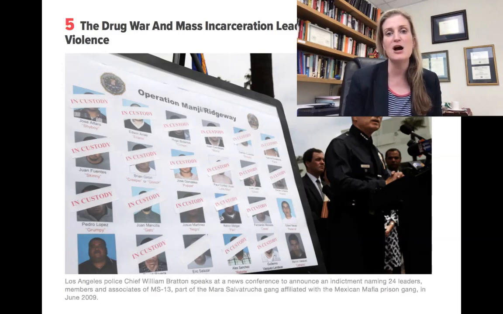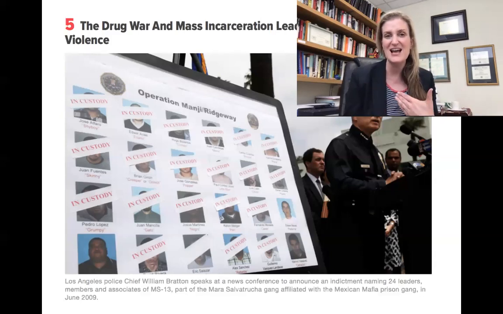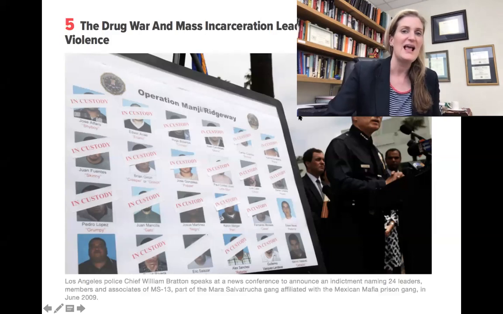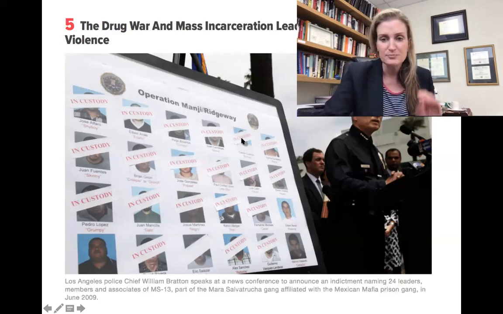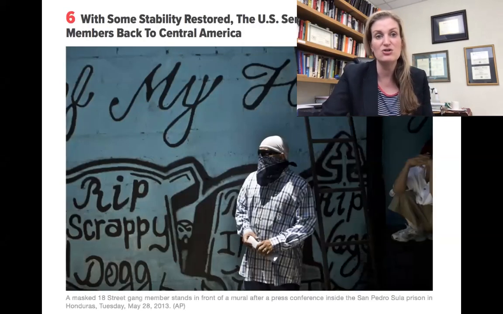And these young men, during the war on crime and the war on drugs in the 80s and 90s, faced mass incarceration and gang abatement, and they were incarcerated, and MS-13 morphs from a youth organization into a transnational gang.